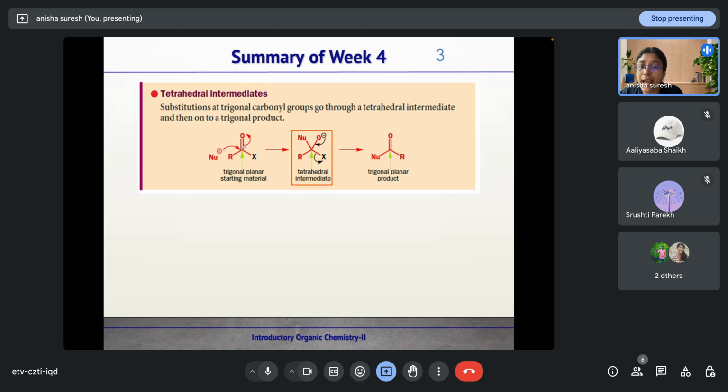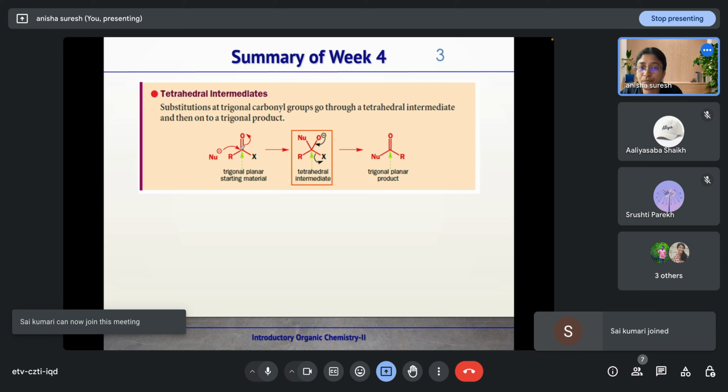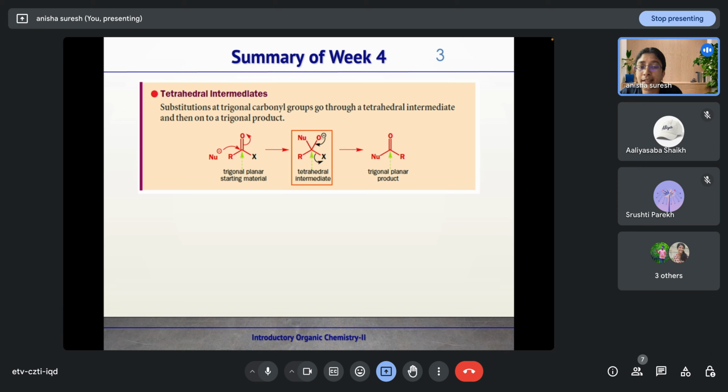The nucleophile will add on to the carbonyl and this C double bond O will break, giving O minus. So we get a tetrahedral intermediate. And once the O minus comes back, X, which is the group with better leaving group ability, will eliminate, giving a trigonal planar product with our nucleophile in place of X.